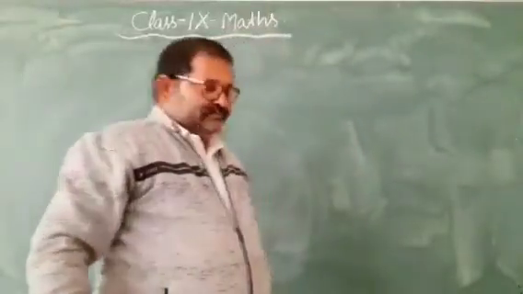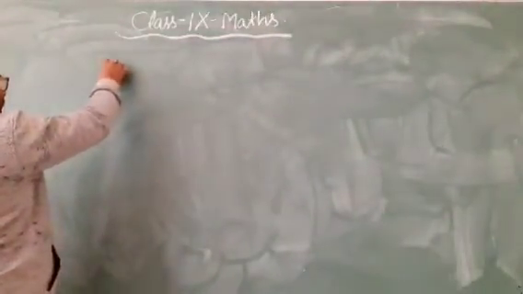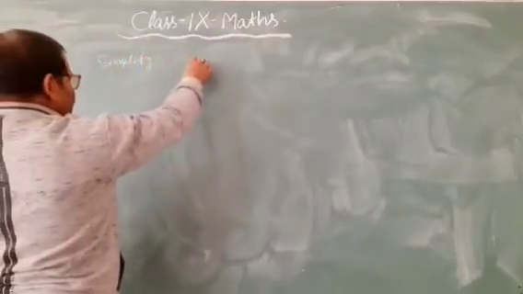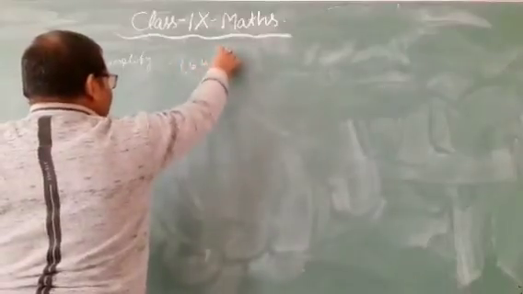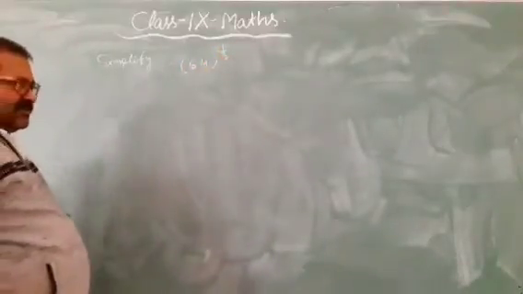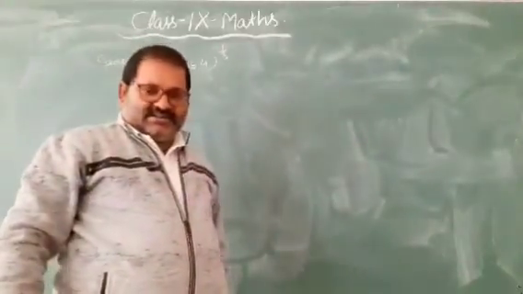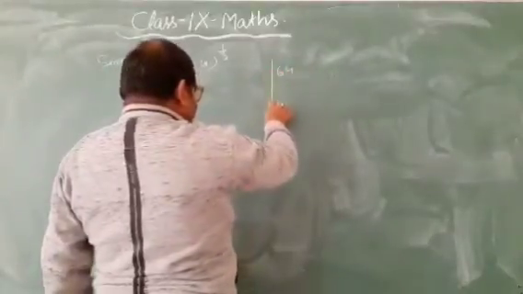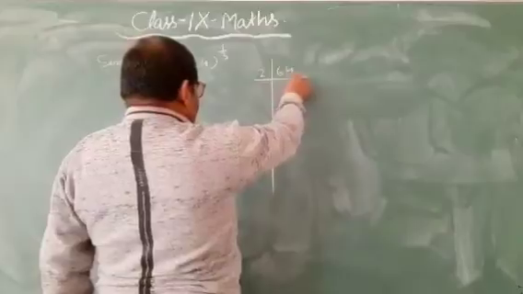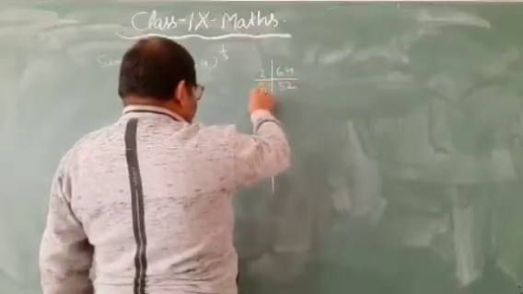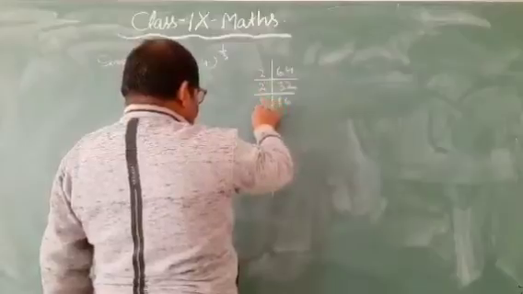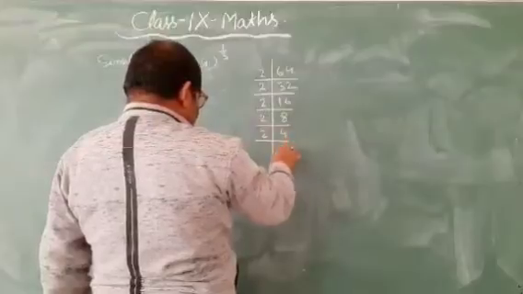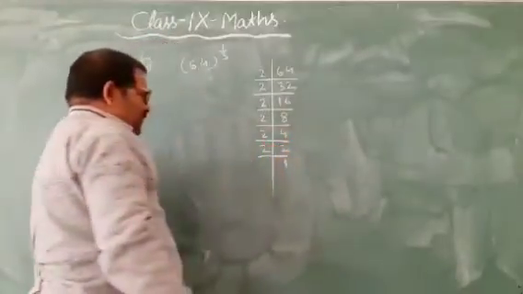Simplify 64 power 1 by 3. Now we factorize 64: 64, 32, 16, 8, 4, 2, 1, all divided by 2.